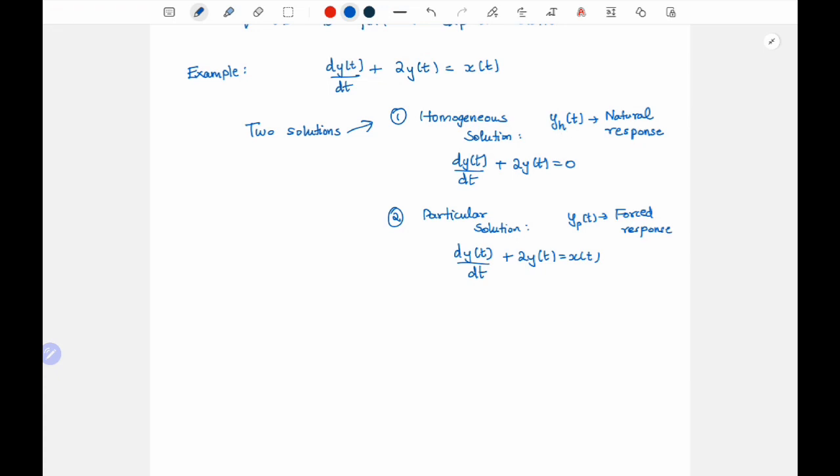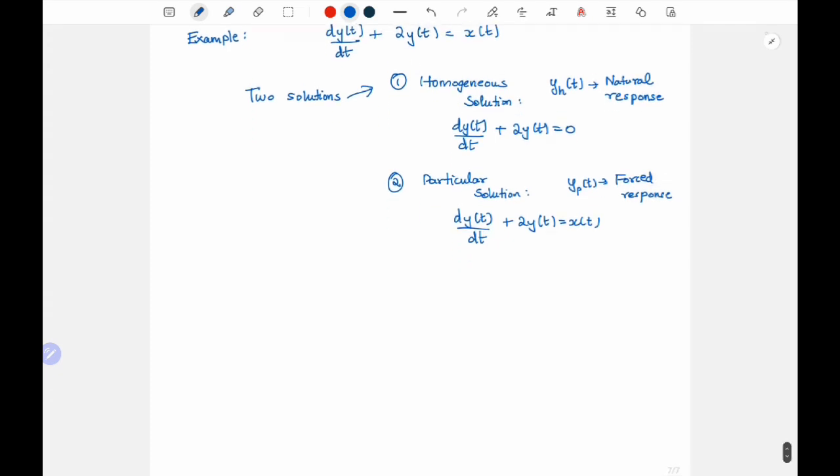However, here it is just the natural response of the system itself, because without any input, it is still giving some output, right? So you may ask how for a linear system without any input there can be some output, right? So that will depend on the initial conditions. So the natural response depends on initial conditions.